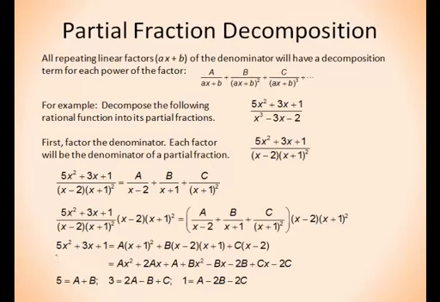Now I need to make my coefficient of x squared equal to the coefficient of x squared that I have over here, which is going to be a plus b. So 5 is equal to a plus b. The coefficient of x has to equal what I have for the coefficient of x here, so I have 2a minus b plus c.